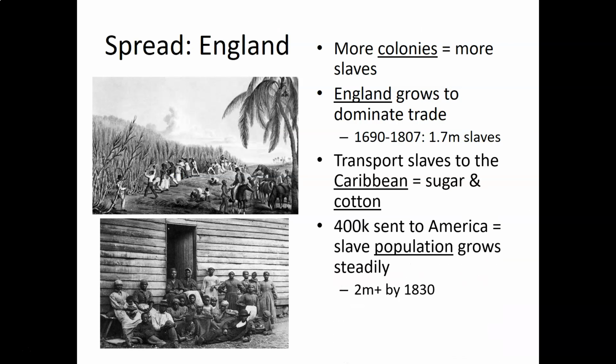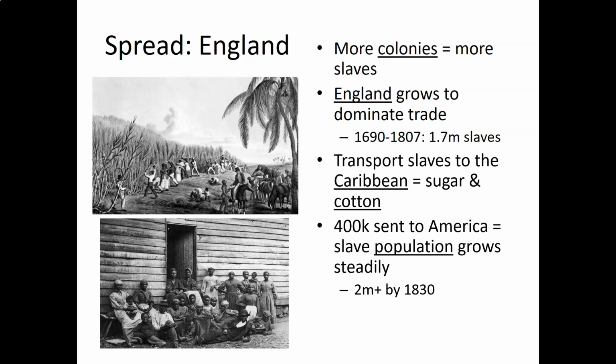All right, now we're going to talk about why it spreads, though. The slave trade spreads primarily because of England and becomes very popular because of England and its colonies in the Americas. They have more colonies. They continue to develop more colonies over this period, and as more colonies developed, there's more of a demand for slaves.